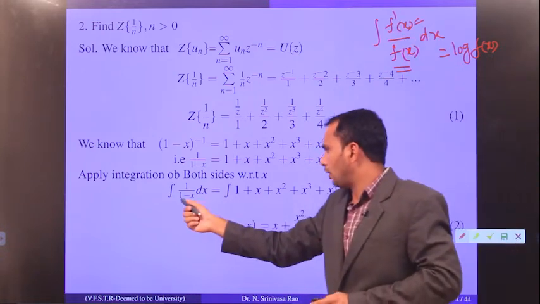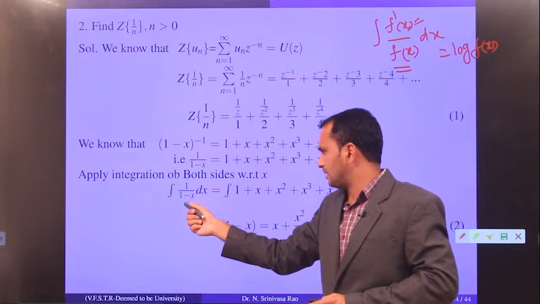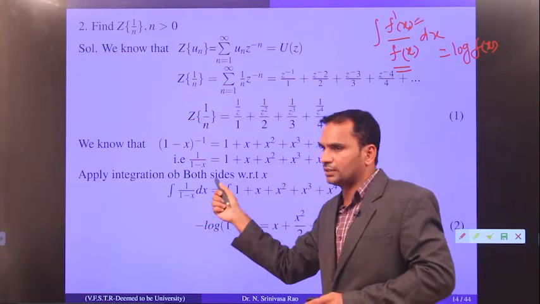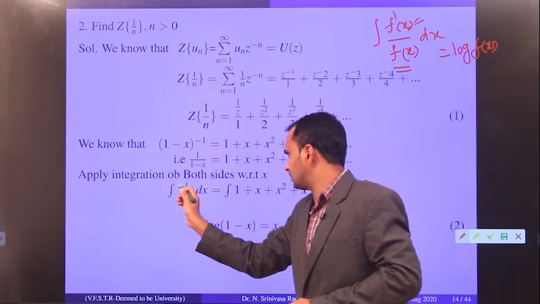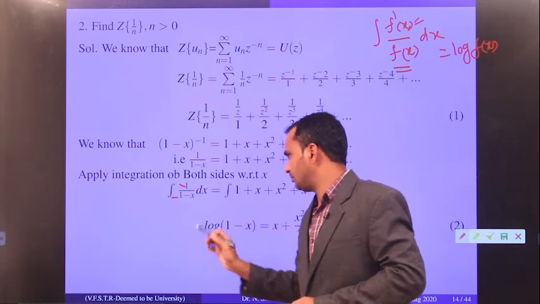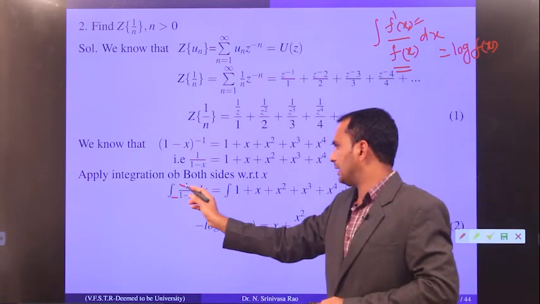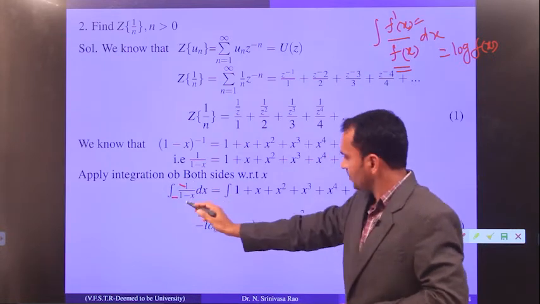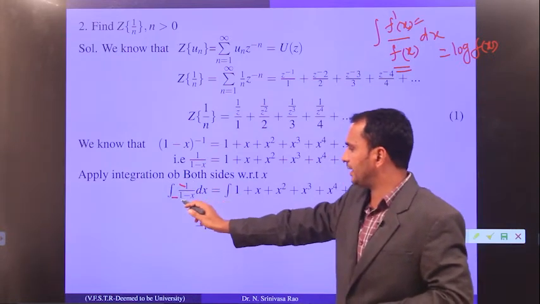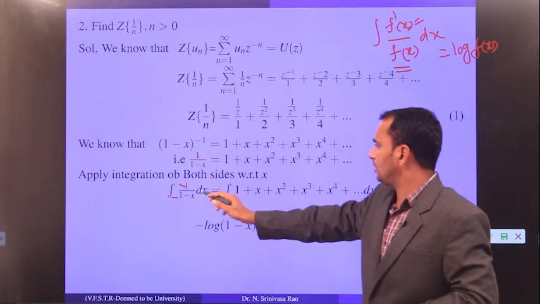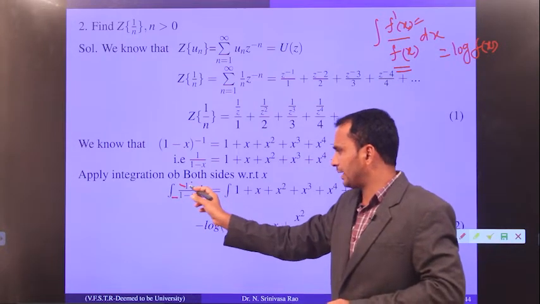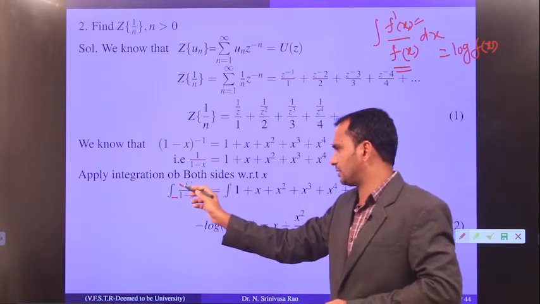Now the derivative of 1 minus x is minus 1. So to adjust, you keep minus 1 here and minus 1 there. Already in the numerator we have plus 1, so you have to adjust with minus 1.